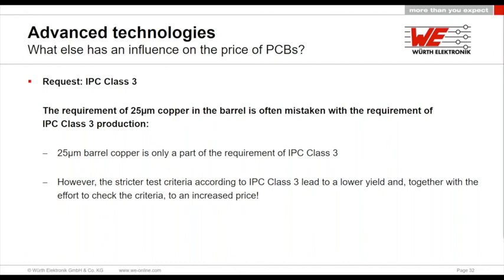If it's only for the 25 micron copper, then please come to us, talk to us, and place this 25 micron copper in your PCB specs and remove the IPC class 3 requirement. This saves quite a lot of cost. For sure, if you need IPC class 3 boards with all the other parameters, then yeah, use IPC class 3, we can do this. But as I said, we see that this is often a mistaken requirement by 25 micron copper in the barrel.